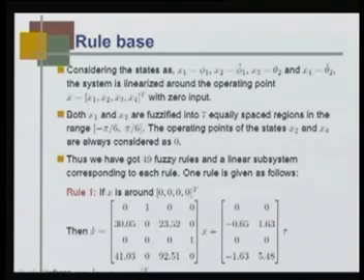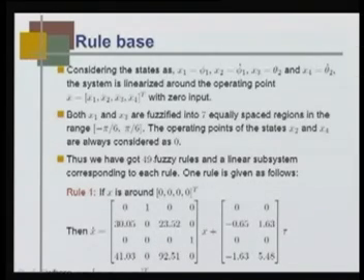The system is linearized around the operating point with 0 input. Both x 1 and x 3 are fuzzified into 7 equally spaced regions in the range minus pi by 6 to pi by 6. The operating points of the states x 2 and x 4 are always considered as 0. Thus, we have 49 fuzzy rules and a linear subsystem corresponding to each rule. One rule is given as an example.